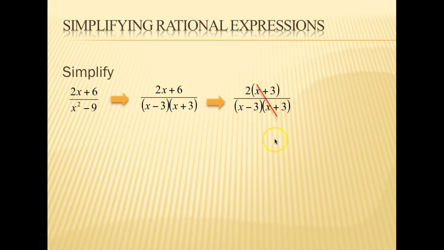So I'm left with 2 over x minus 3. Do the same in the next problem. Please pause the video and try to factor the numerator, factor the denominator, and then simplify your result.